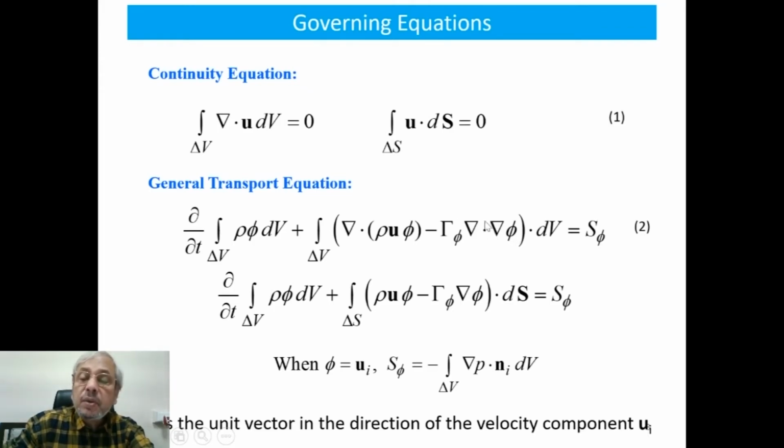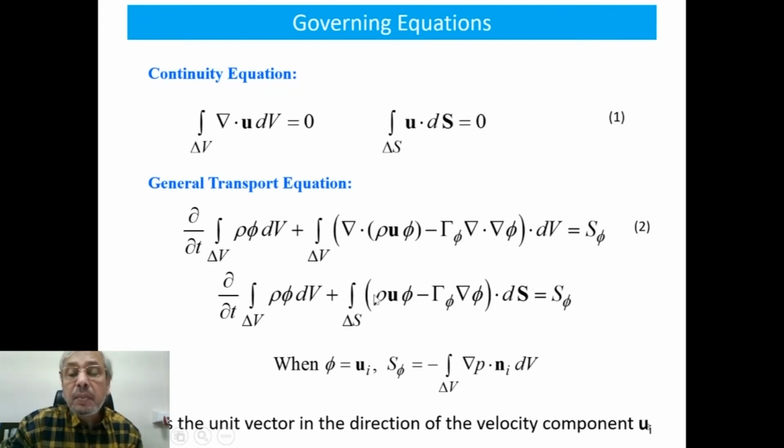Basically this will produce something like del square phi type of terms together with the diffusion coefficient. It is basically the diffusion, either momentum diffusion or energy diffusion, and it is integrated over the volume of interest, and this is the source term. So this is the generalized way of writing this.